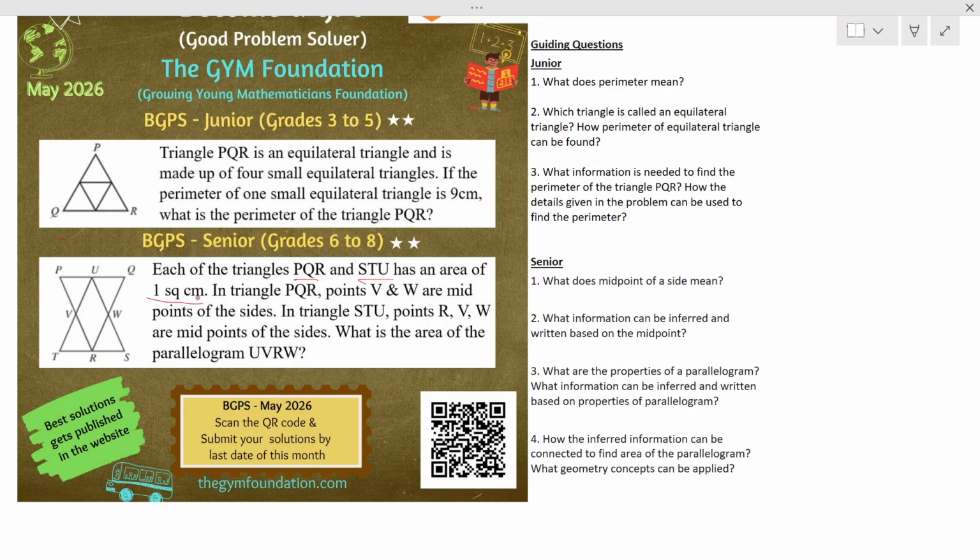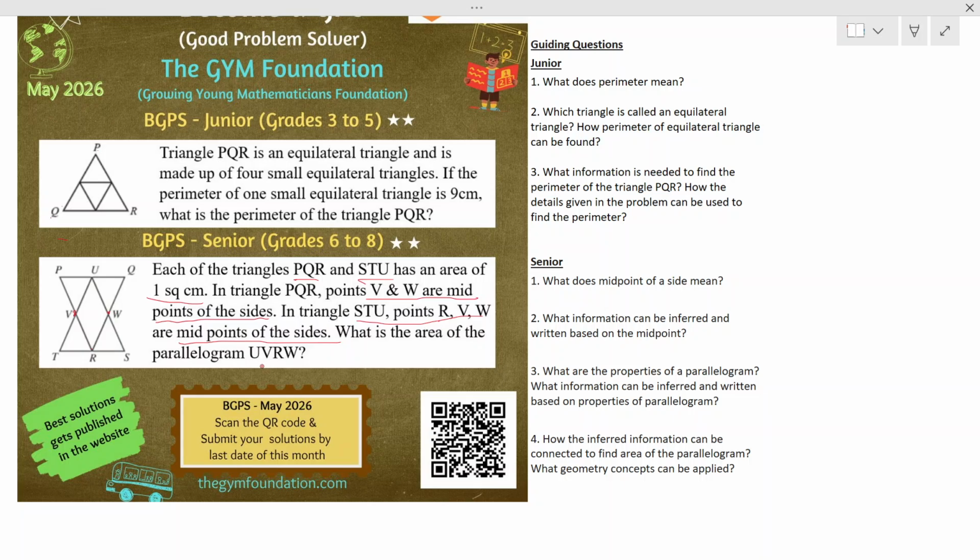And then in triangle PQR, the points V and W are midpoints of the sides. So we'll draw the midpoints of the sides. In triangle STU, the points R, V, and W are the midpoints of the sides.